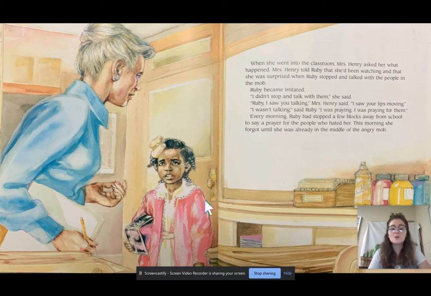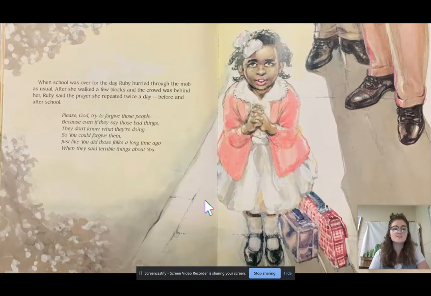Every morning, Ruby had stopped a few blocks away from the school to say a prayer for the people who hated her. This morning, she forgot until she was already in the middle of the angry mob. When school was over for the day, Ruby hurried through the mob as usual.